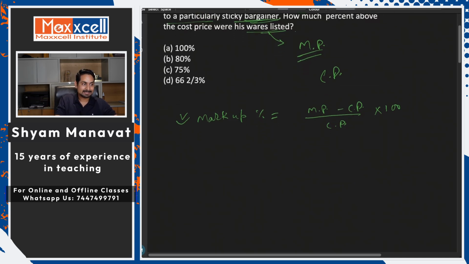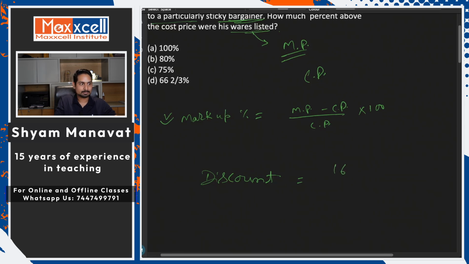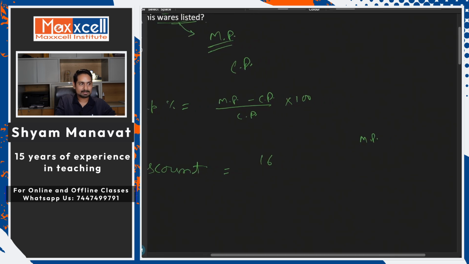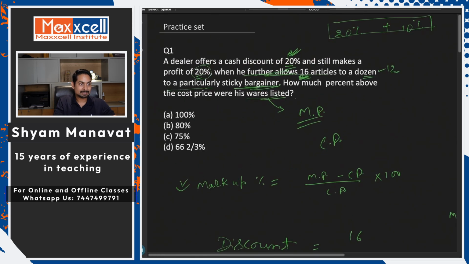So what is the second discount? He was supposed to pay for 16. A customer looks at the mark price, so just for example, if the MRP for one article is 1 rupee, he was supposed to pay 16 rupees because he is getting 16 articles.